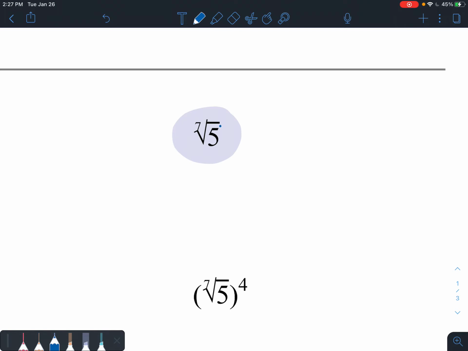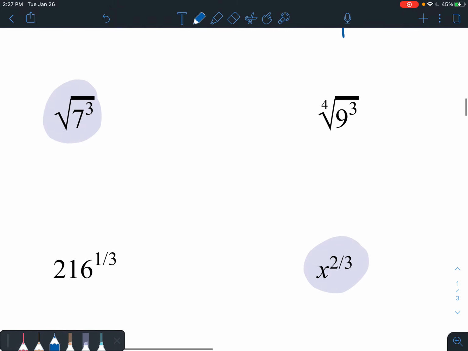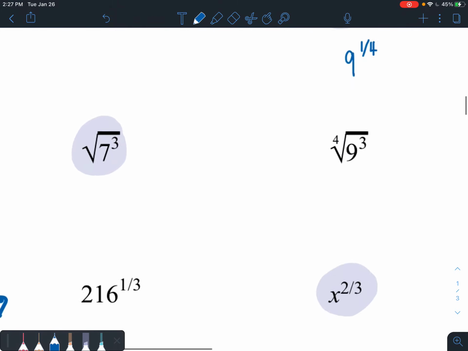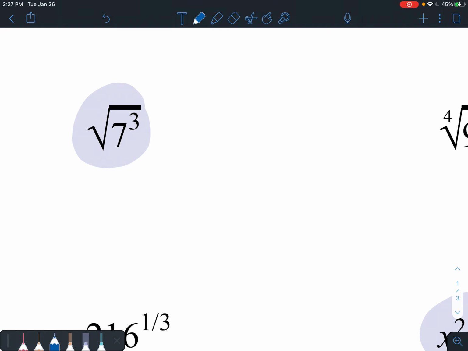I've got the 7th root of 5, and that's to the 1st. So this is 5 to the 1/7. Next up, I've got the square root of 7 to the 3rd. This is an invisible 2. So I have 7 to the 3/2.